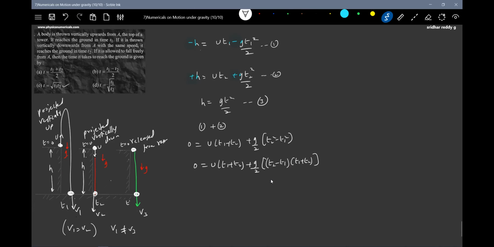So t1 plus t2 will go outside, will get eliminated. So u plus g by 2 (t2 minus t1) equals 0, or u equal to g by 2 (t1 minus t2).